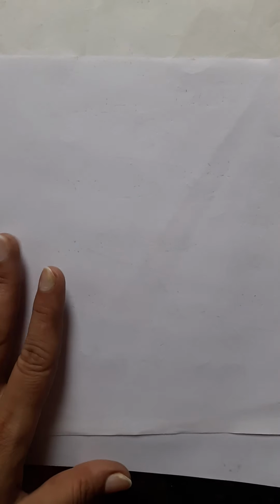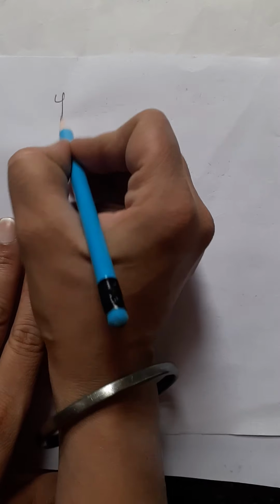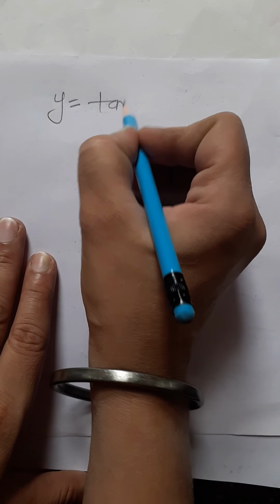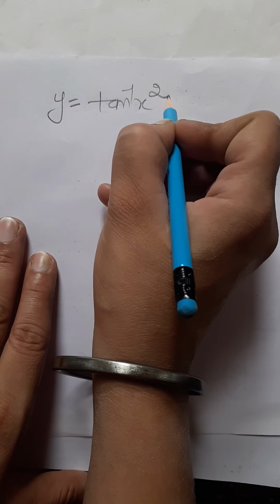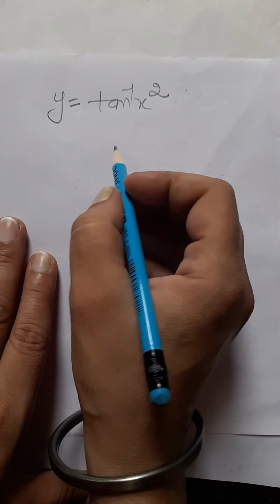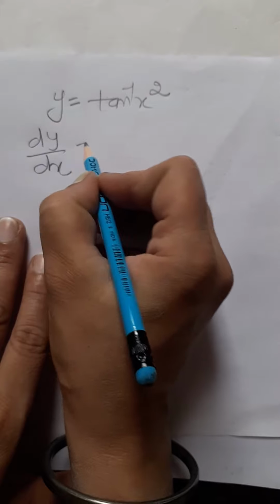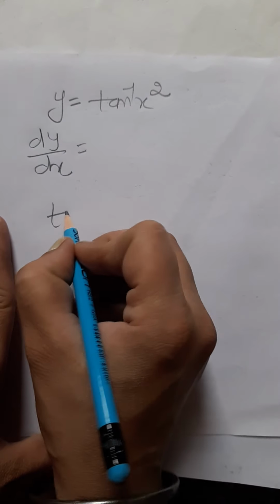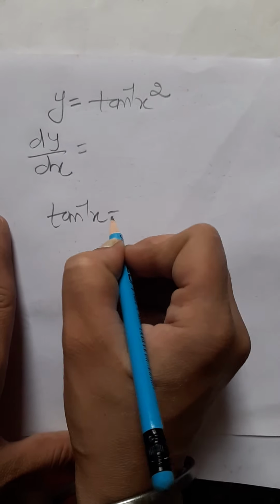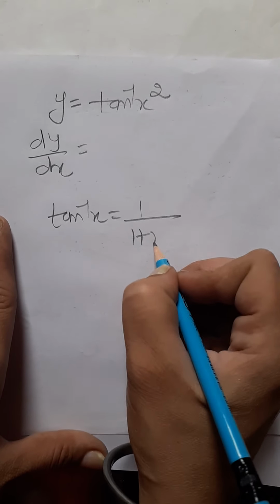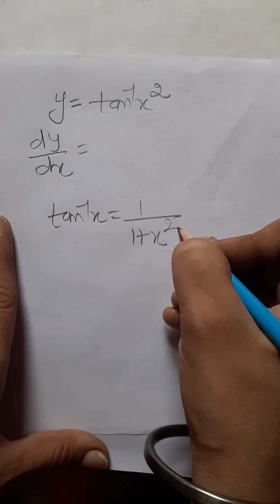For example, if you take a function like tan inverse x square, you should write here dy upon dx, and we know that the derivative of tan inverse x is equal to 1 over 1 plus x square.